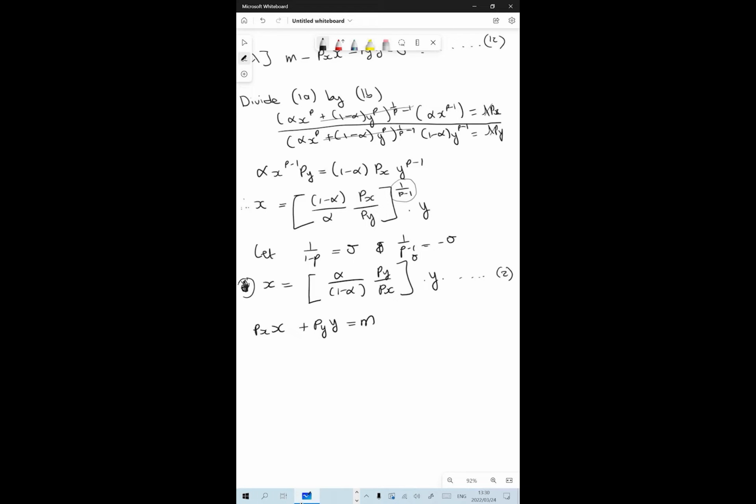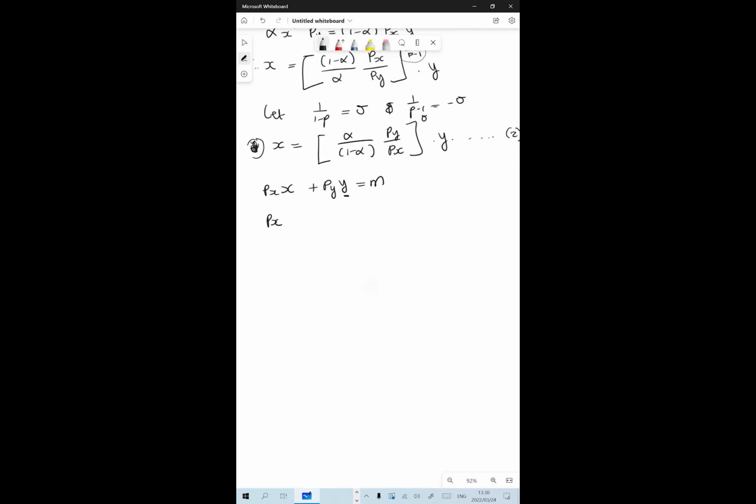To get y on its own, we can plug in x, which is px to the alpha over 1 minus alpha, py over px. So remember, this is all x, plus py y is equal to our income.